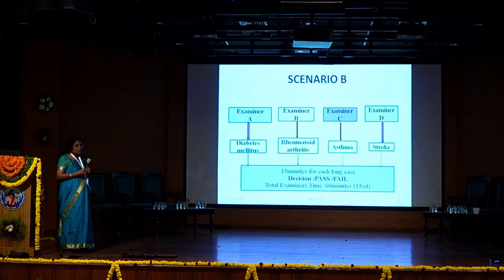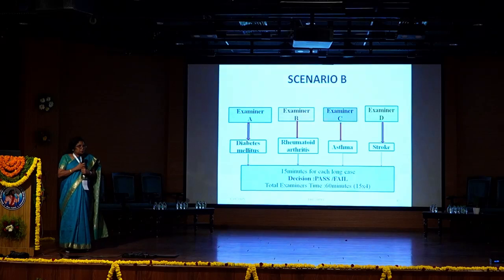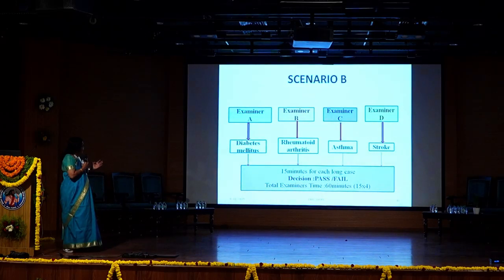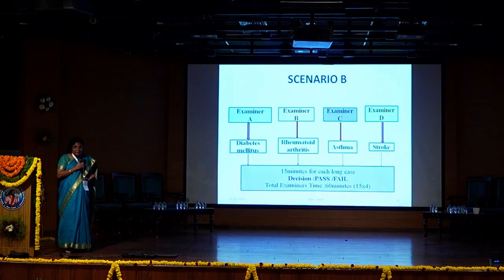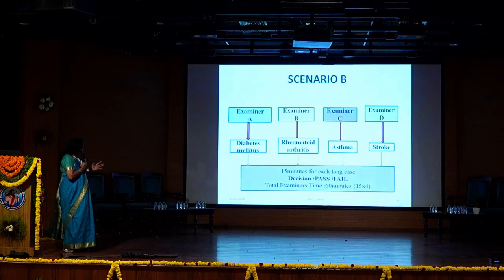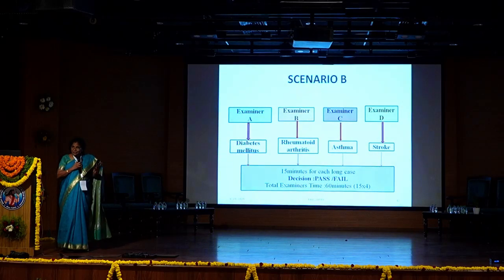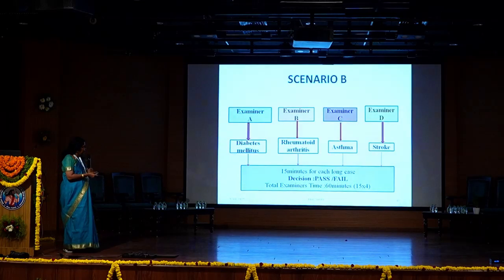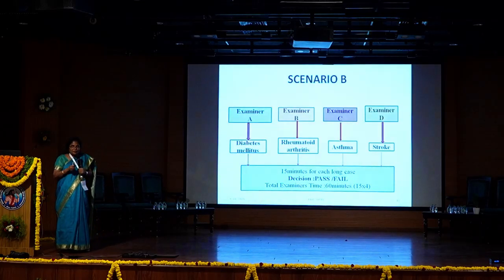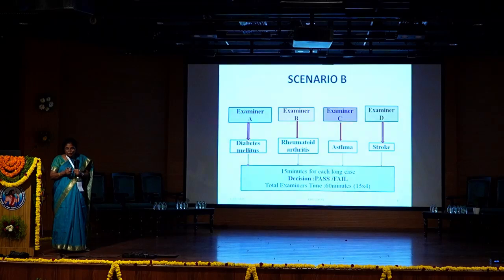Each examiner has been given 15 minutes to assess the student, and for each long case the decision will be fail or pass. The total timing given is 60 minutes, and each examiner will be doing it in 15 minutes. So I just wanted you to think about scenario A and scenario B.